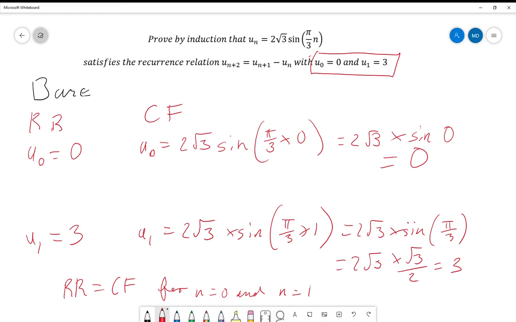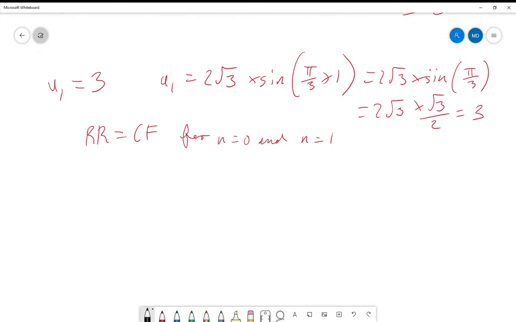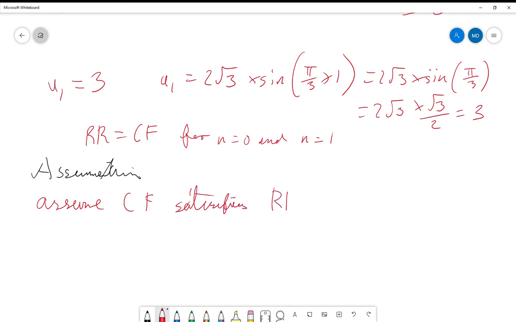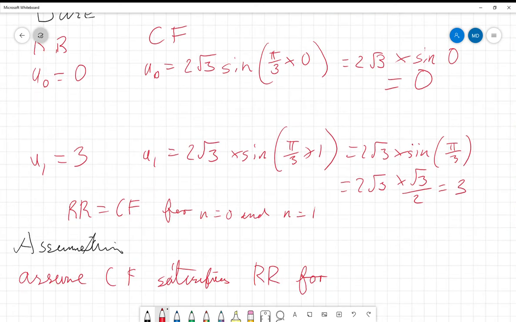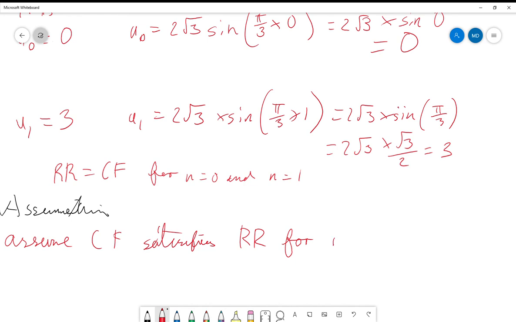And again, this here is a second order one, so our assumption step is going to be: assume closed form satisfies recurrence relation for, let's go up here and check what we've got. Well, we've got u_n and u_(n+1) to get to u_(n+2), for n equal to k and n equal to k plus 1.